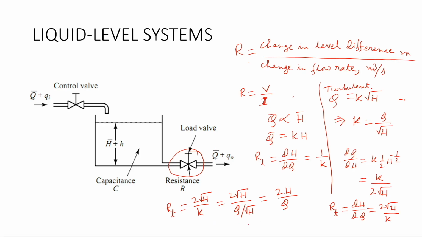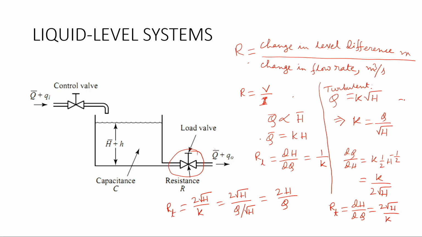Okay. So, now you notice that R_L equal to dH by dQ equal to 1 by k, and R_T equal to 2H by Q. Now, 1 by k equal to what?